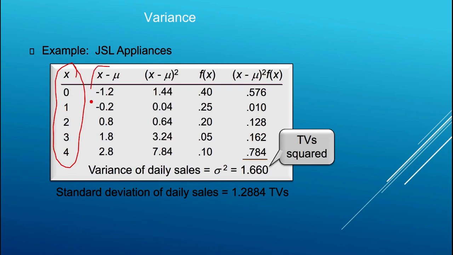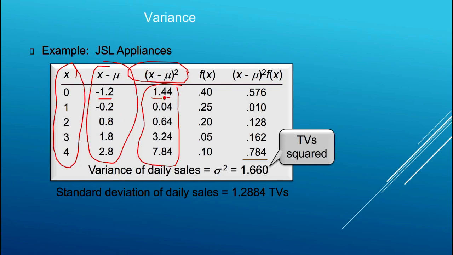Here, I take the difference between each one of those x values and the mean, 1.2, which we calculated in the previous slide. I take each one of those deviations and I square it in order to calculate my variance. So each one of those values in column 2 is squared, and that produces column 3. Minus 1.2 squared is 1.44, etc.